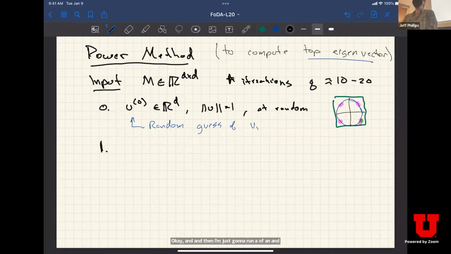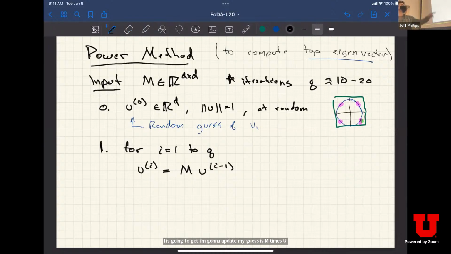It's kind of like gradient descent, another iterative algorithm, but it's not a direct fit within the gradient descent framework. I'm going to do Q steps of this for loop, and every step I update my guess: U_i gets M times U_{i-1}.